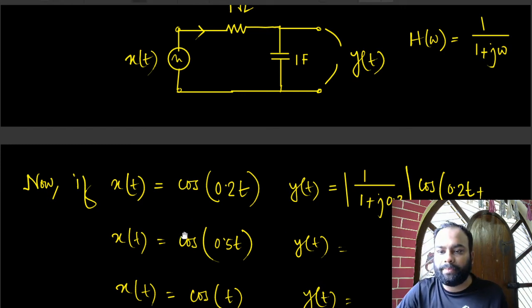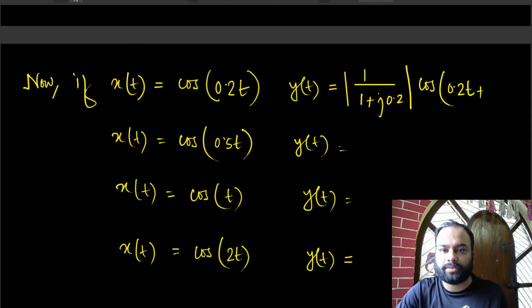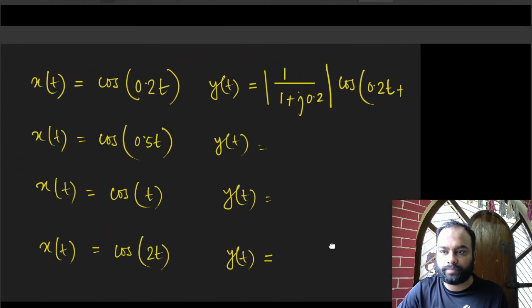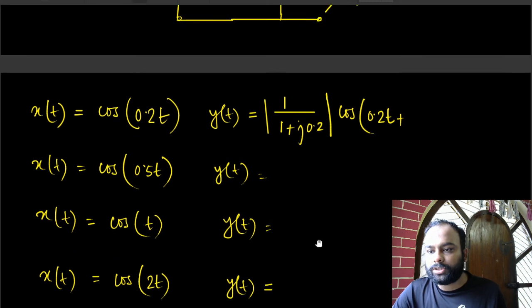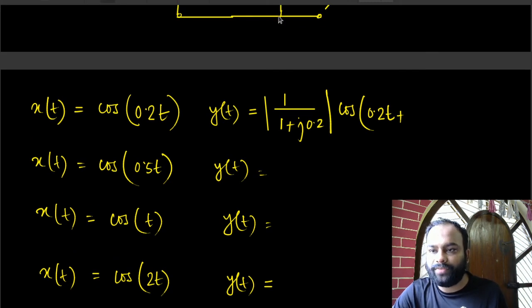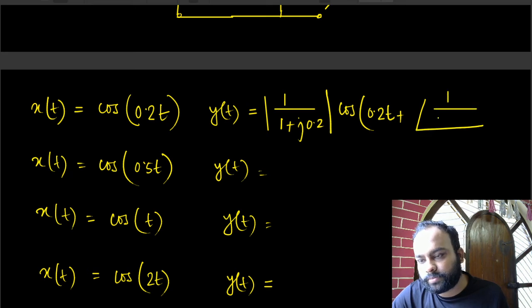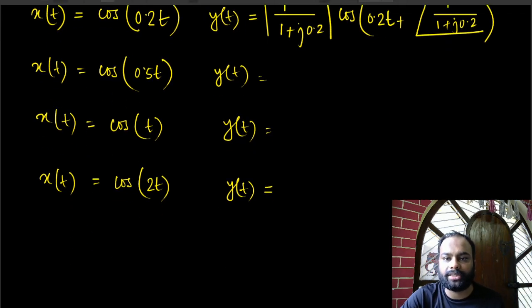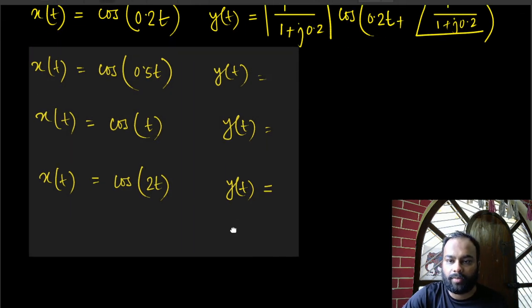Okay, let me pull this slightly onto the left. So this is the angle of this. All right, so question is, what is this calculation? What is the output here?